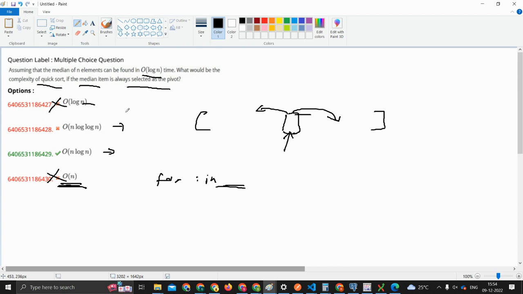That is the worst case for finding the median of medians. No, the median is already given, it is log n. Okay, so after that, swapping. You have n items to do, right?